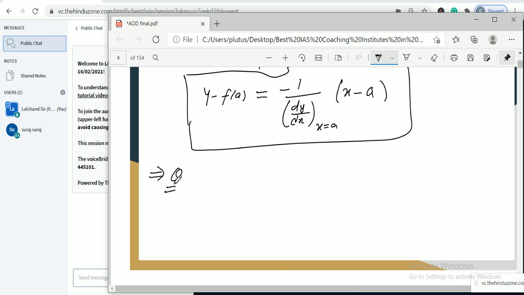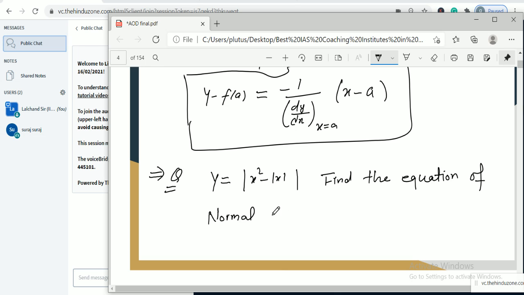Our first question is, we have a curve y equal to mod of x square minus mod x, to find the equation of normal at point x equal to minus 2.